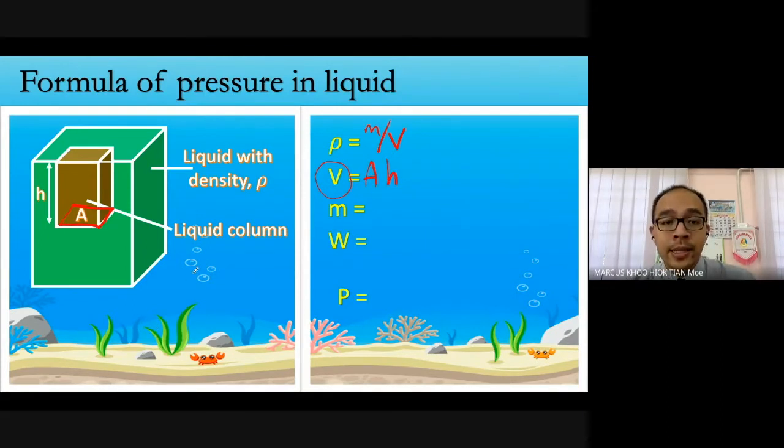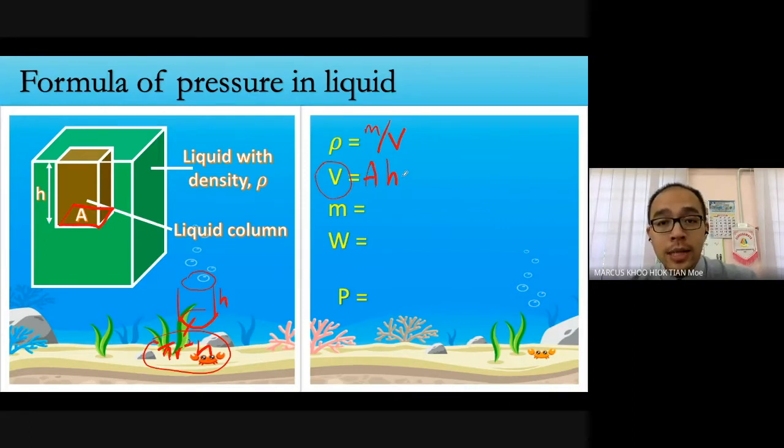Just like a cylinder, its base area is actually a circle. So the base area is pi r squared, and the height is h, so it's pi r squared h, which is the volume of a cylinder. But for a box, the area of the base, we call it A. So A times h will be the volume.